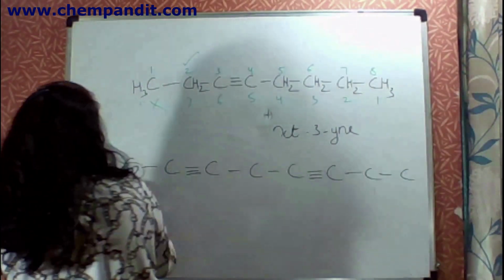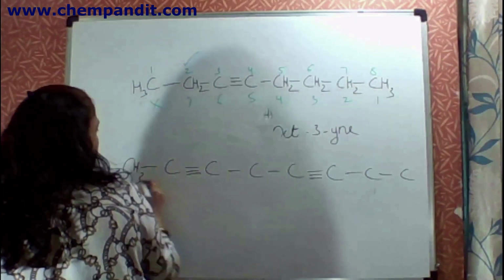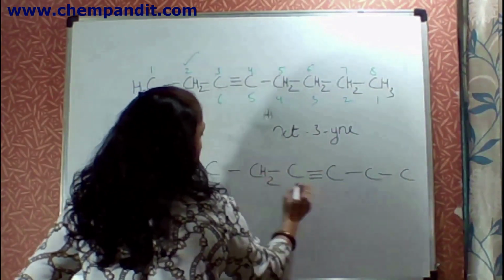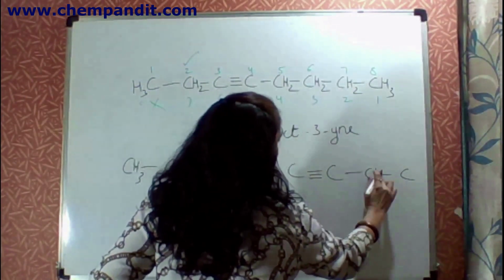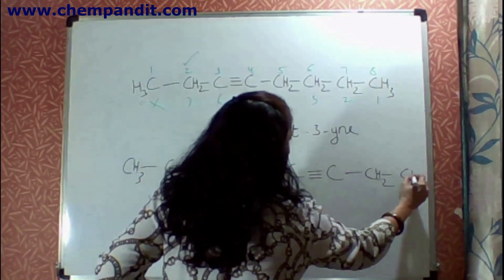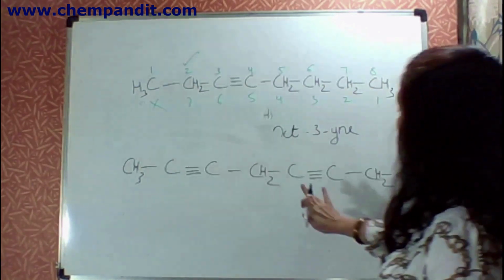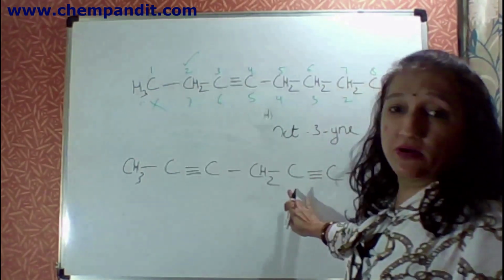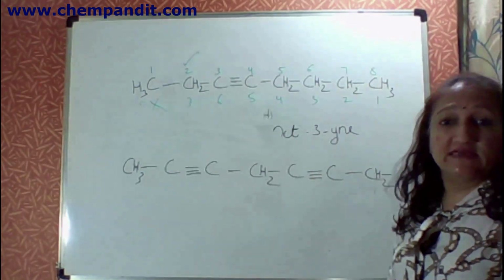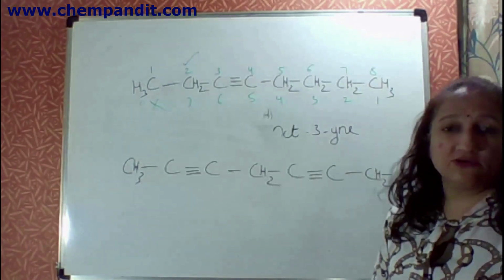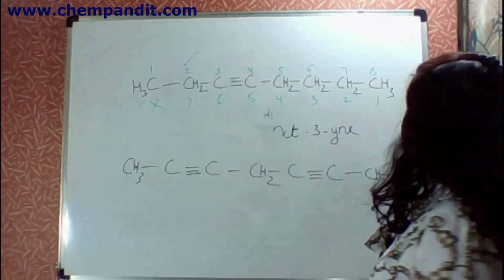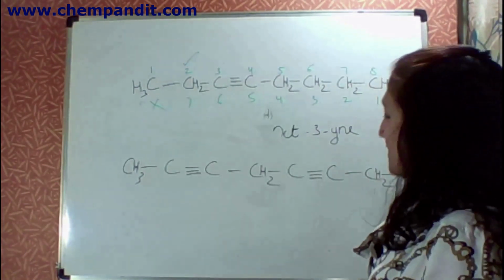Now let's fill all the valencies. CH3, CH2, CH2 and CH3. Okay, the carbon atoms with the triple bond already have their valency satisfied, so hydrogen is not required over here. Clear? Now let's start the numbering of this compound.